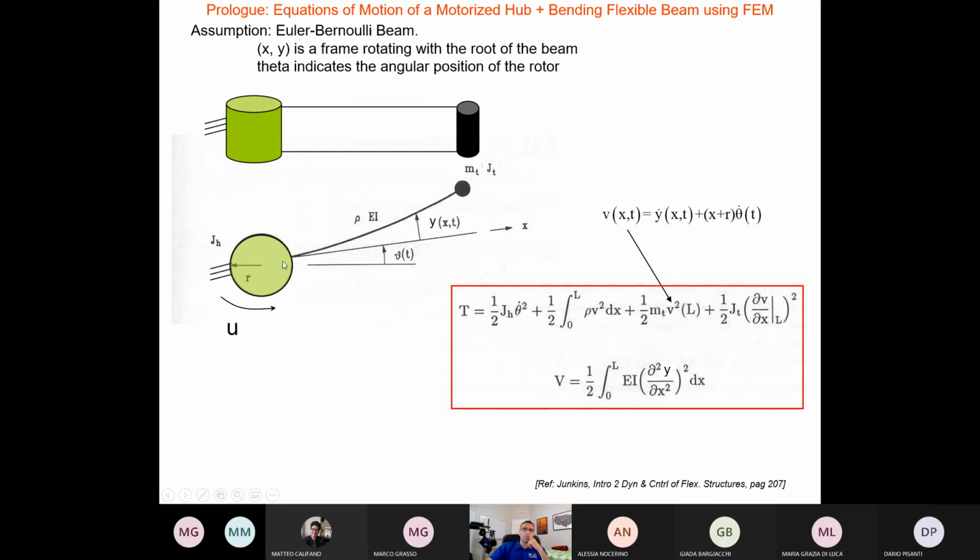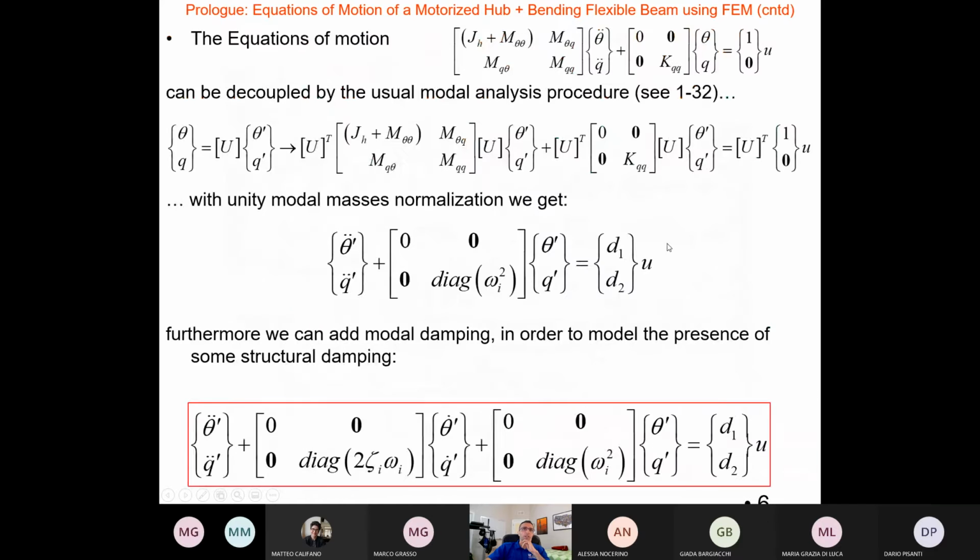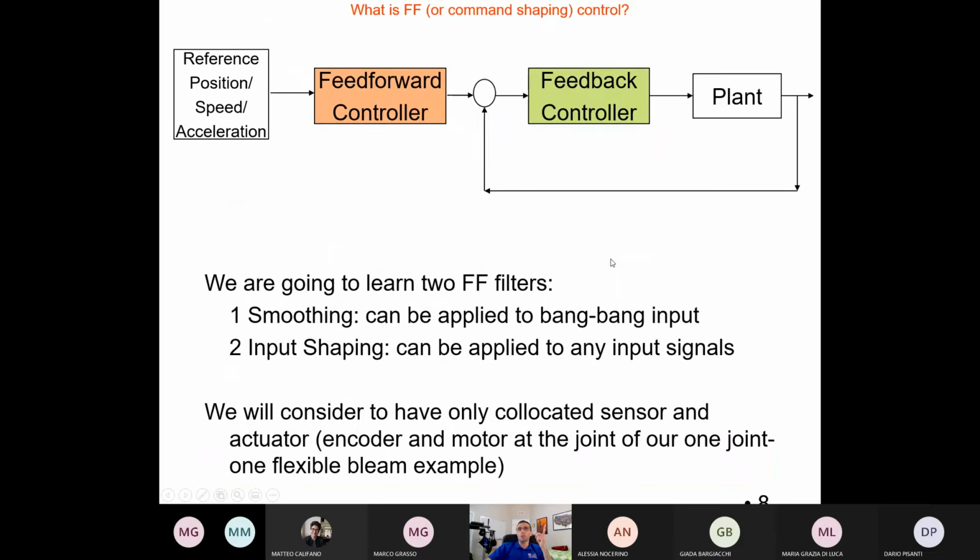And so your goal is reorienting yourself, but also, since you can only act on the hub, what do I do to manipulate the position of the tip mass in an intelligent way? And maybe the intelligent way is just that you want to reduce any residual vibration after the reorientation, as we've seen in the videos, and that's a good enough goal. But you have to do it with just one control variable, which is the torque on your hub.